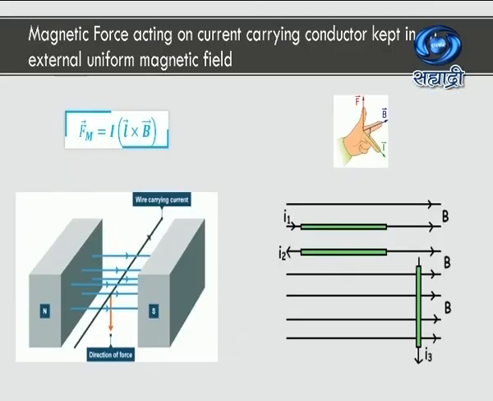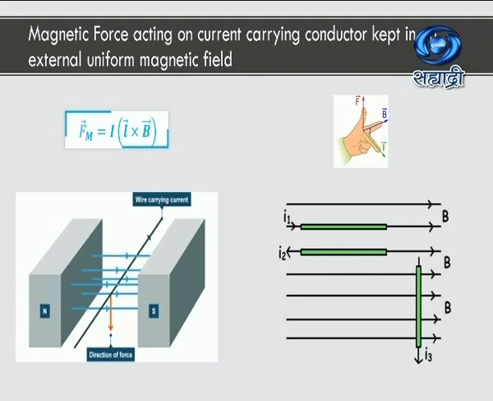Let us make use of what we have studied. Rather, let us make use of the knowledge of finding out the direction of force on current carrying conductors in these 2 examples. This will improve your understanding about this article. As we know, the magnetic force Fm is equal to ILB.